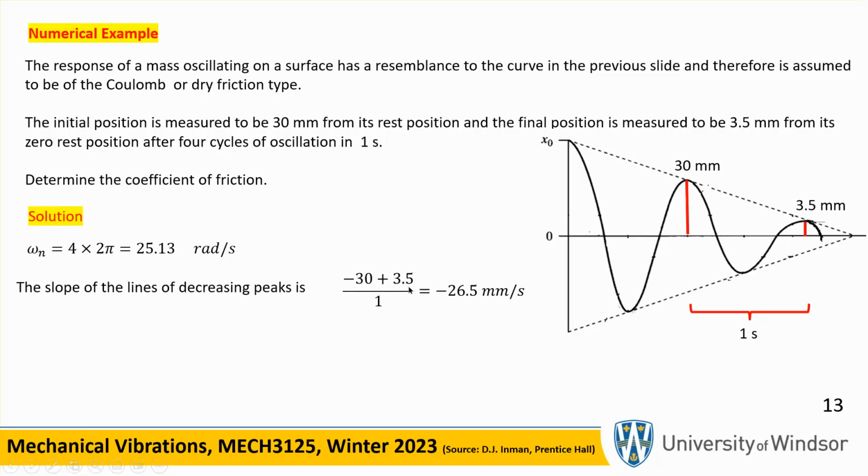So minus 30 plus 3.5 over 1 is going to be the slope of this line. And we write down the expression that I gave you for the slope of this line. Go back 3 or 4 slides; I wrote the expression for the slope of that line.